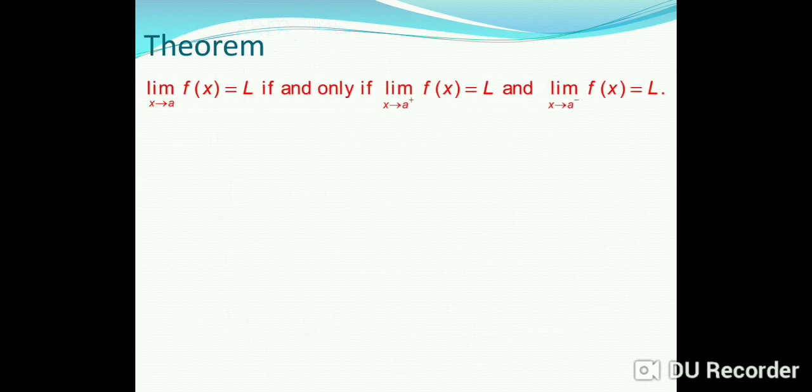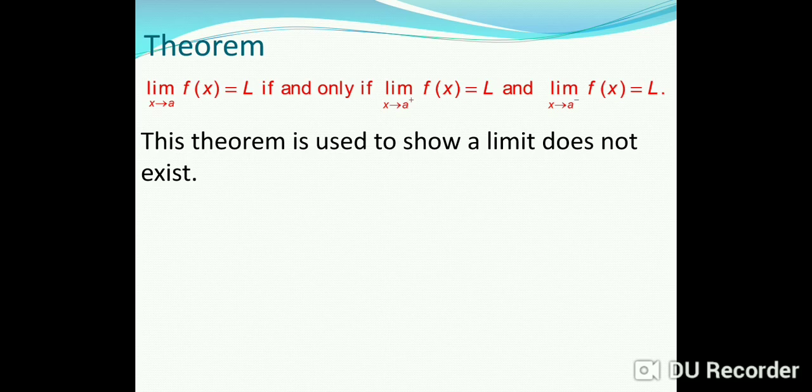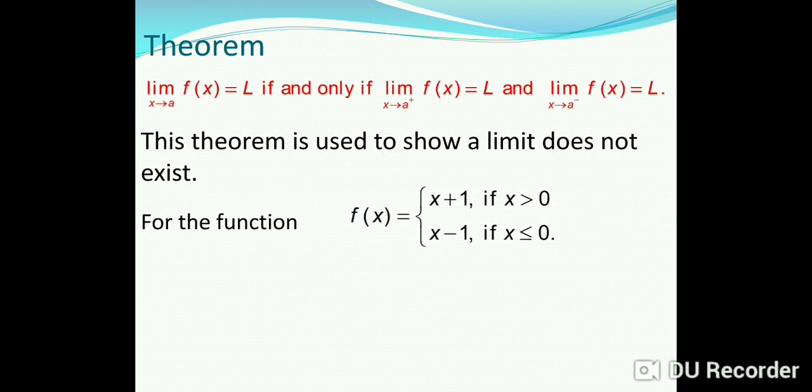Now we will see the theorem on limit, that's the basic theorem. Limit of f(x) as x tends to a is equal to L if and only if limit of f(x) as x tends to a plus is L and limit of f(x) as x tends to a minus is L. This is the theorem used to show a limit does not exist.